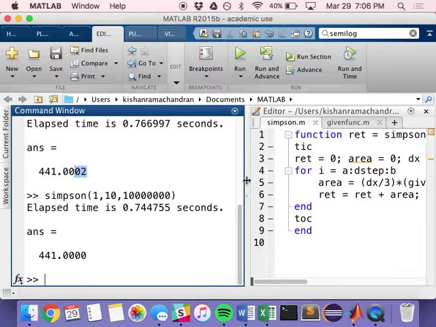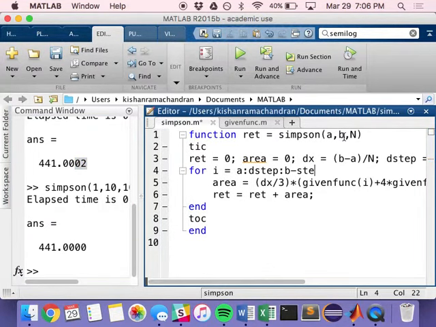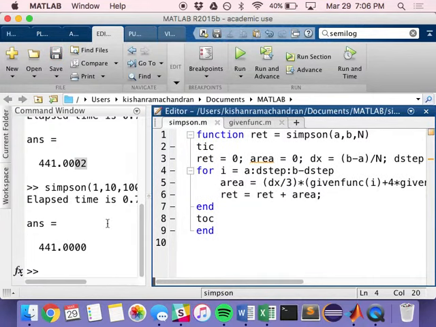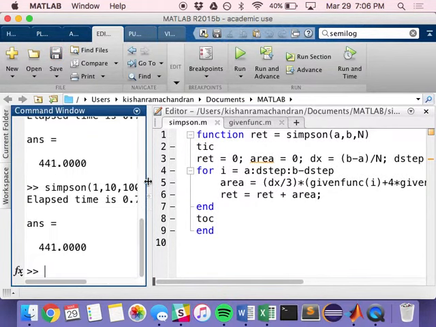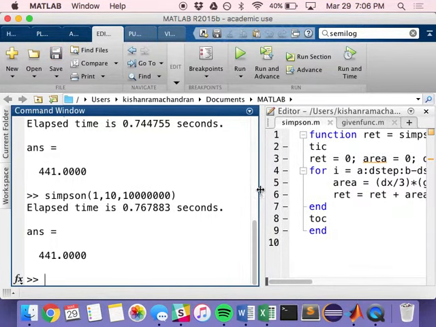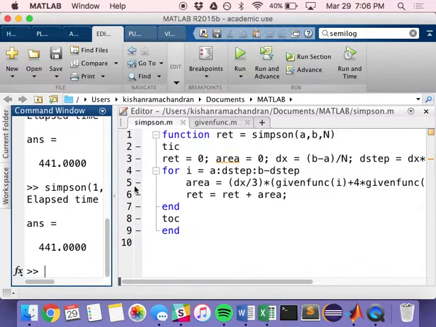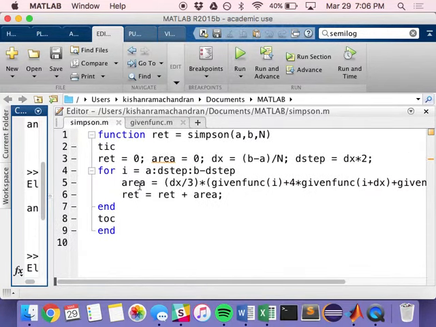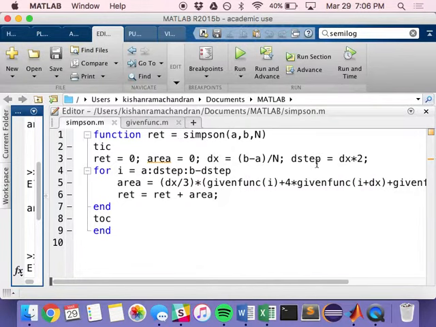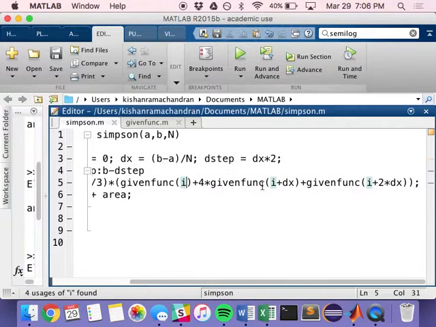Okay? But this is the correct code. My bad. Okay? Everyone good? Alright. And then do you guys get the rest of this code? I just copied that formula over there. Where it's function I plus dx, I plus 2 times dx.